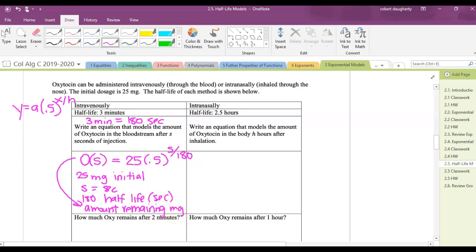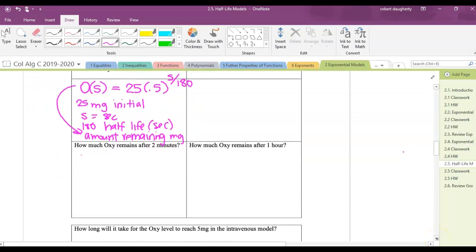How much oxy is left after 2 minutes? Okay, remember my problem here is in seconds. So 2 minutes is equal to 120 seconds. So let's just use our formula. So O, and I'm plugging in 120 here, 120 seconds, is going to be 25 times 0.5 to the 120 divided by 180.